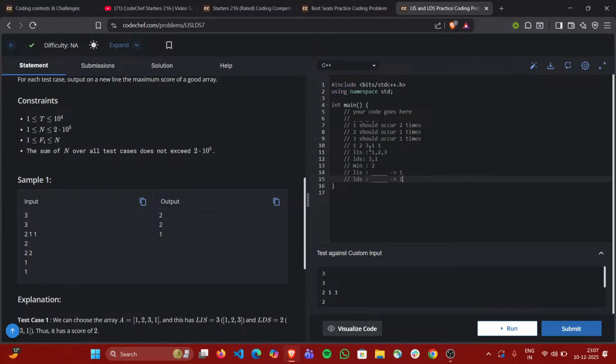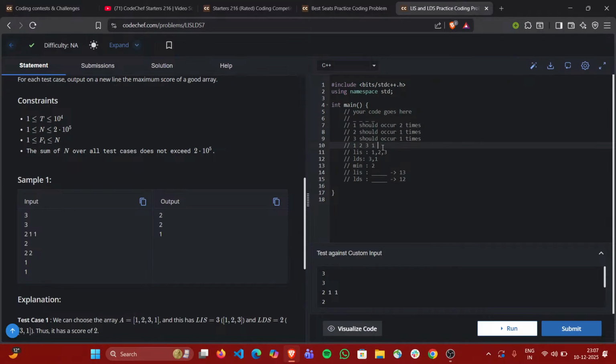Like in this case, 3 has a frequency of 1. So I can either assign it to this sequence or to this sequence, right? If I assign 2 here and 3 here, then both the LIS and LDS will have elements.